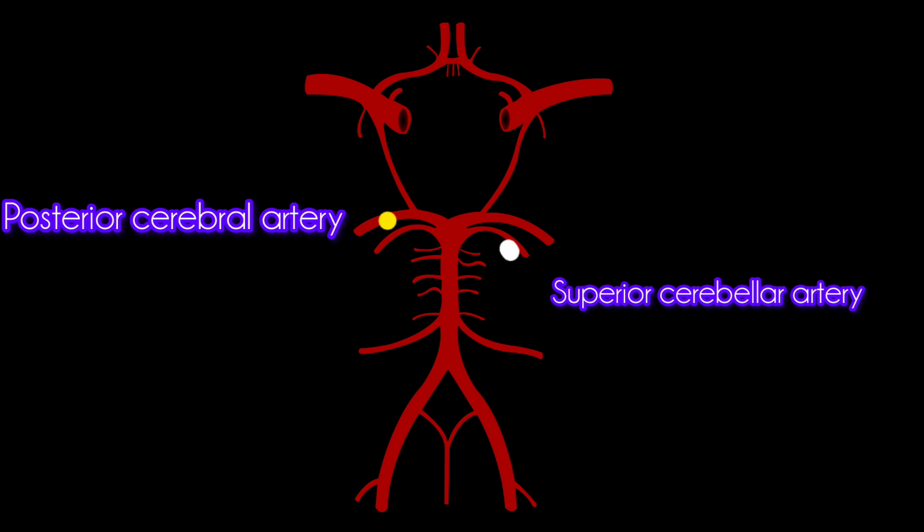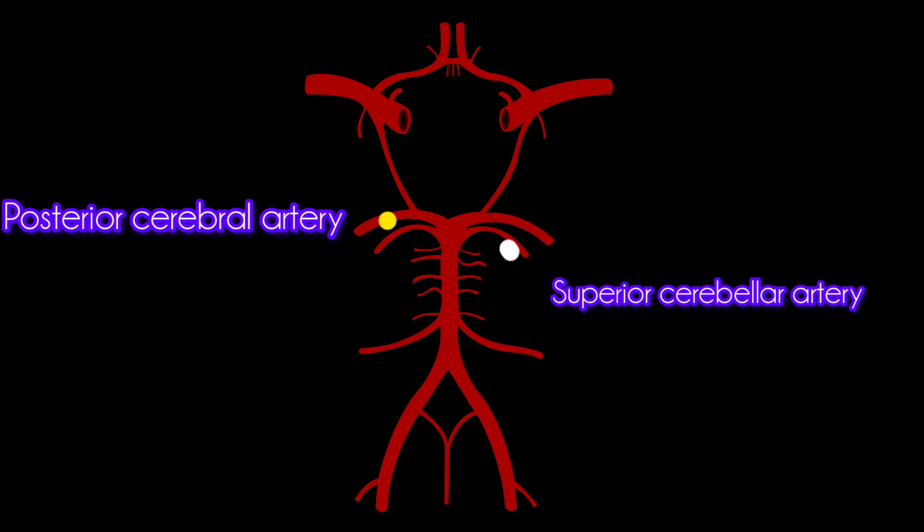The next one, the white color indicates the superior cerebellar artery, and the yellow indicates the posterior cerebral artery. From the basilar artery, the last one is the posterior cerebral artery. From the basilar artery, only this one supplies blood to the cerebrum.